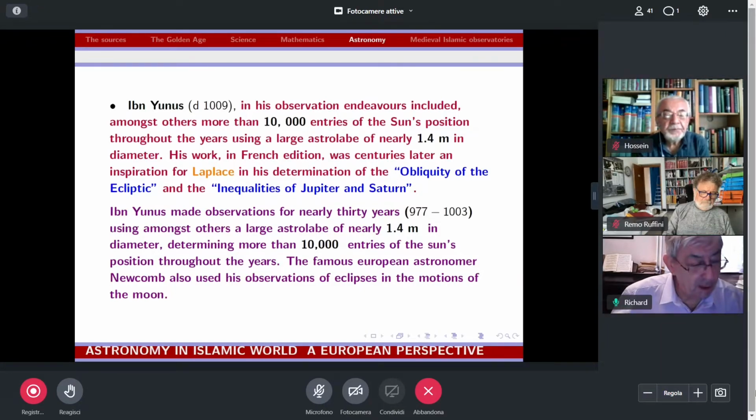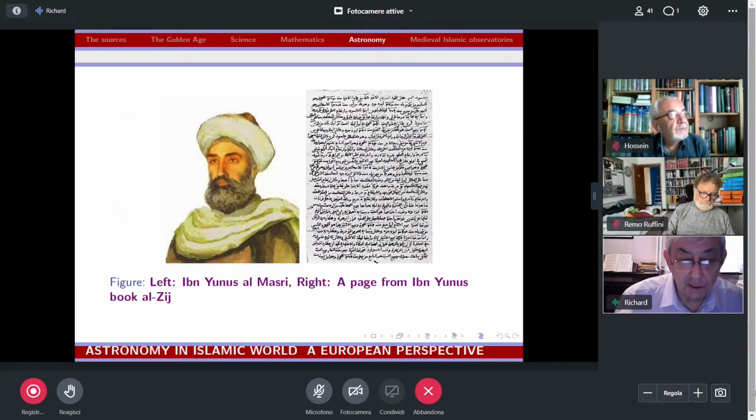Hipparchus estimated precession as 1 degree per 100 years. And Yunus made observations, and he said that it is 1 degree in 70 years, which is much closer to reality. Here is Ibn Yunus and one page of his book, Al-Zij.